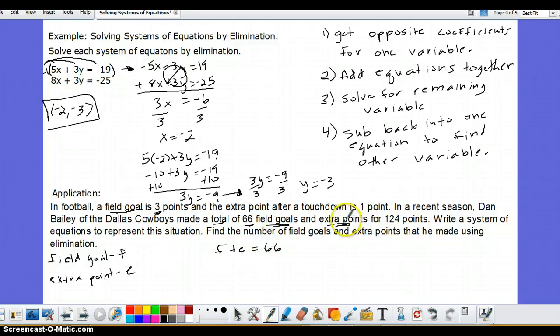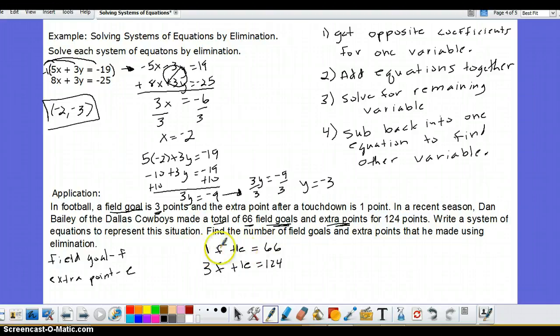All right, and those he totaled for 124 points. Field goals, they said, were 3 points, so 3F is field goals, plus 1E is extra points, equals 124. Remember, there's a 1 here and a 1 here, so you've got two options.